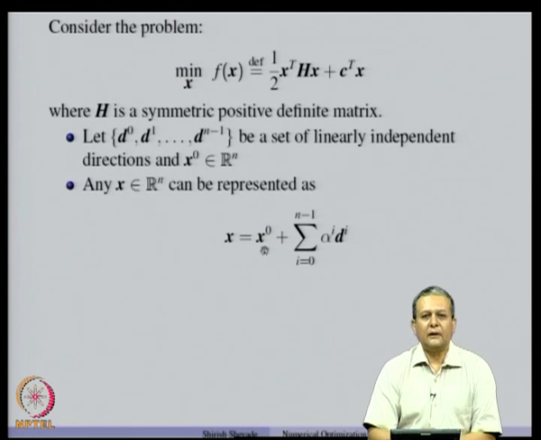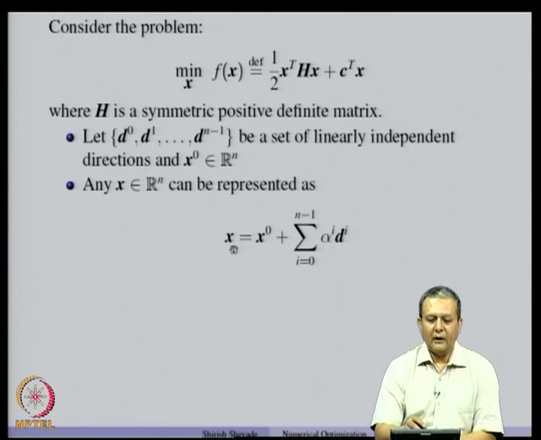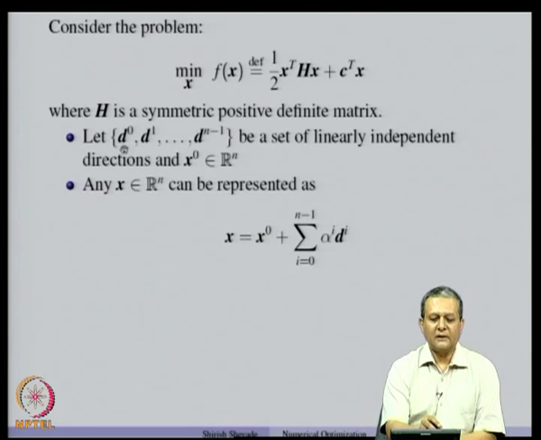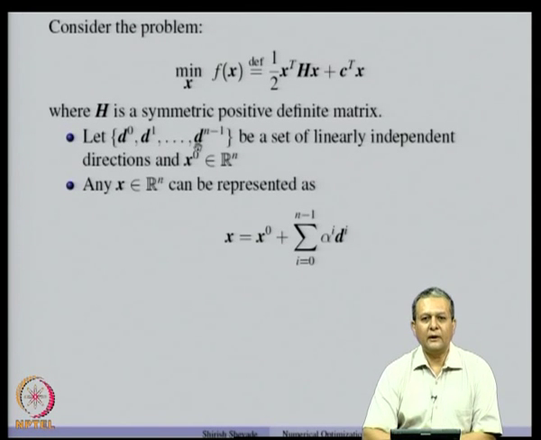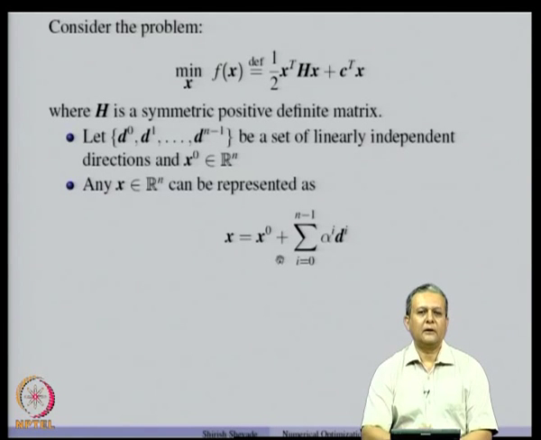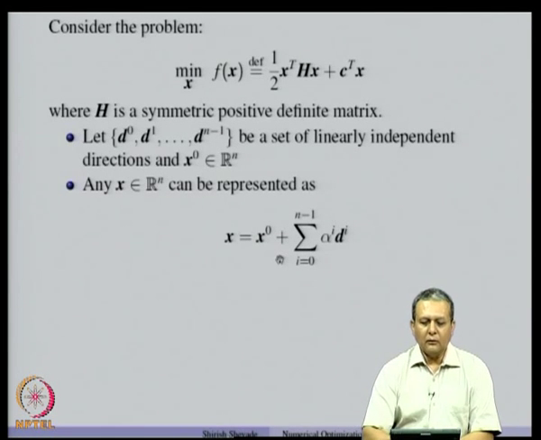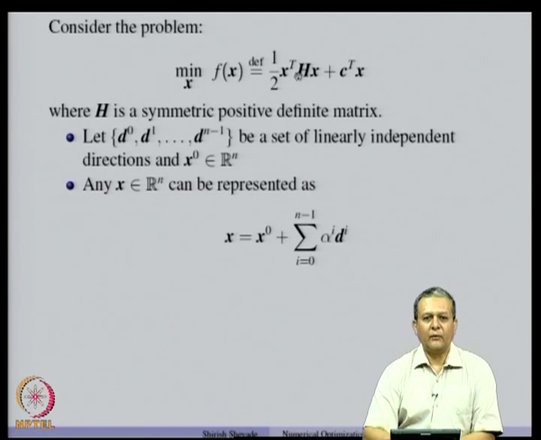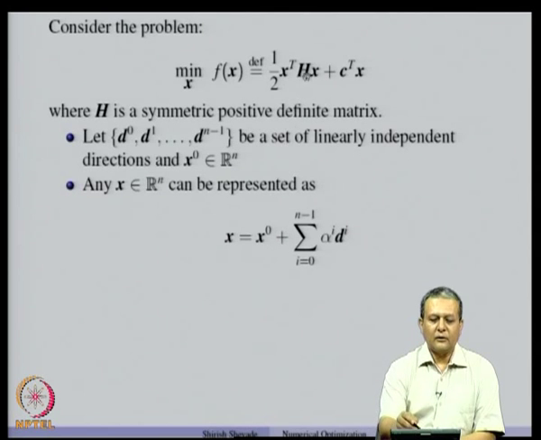So, this is a representation of x in n-dimensional space with respect to the basis d0 to dn minus 1 and some initial point x0. Now, suppose we replace this x in the objective function with the right hand side of this expression.